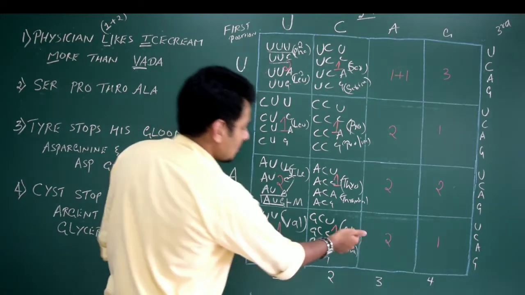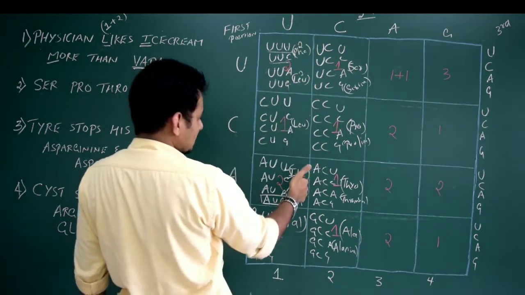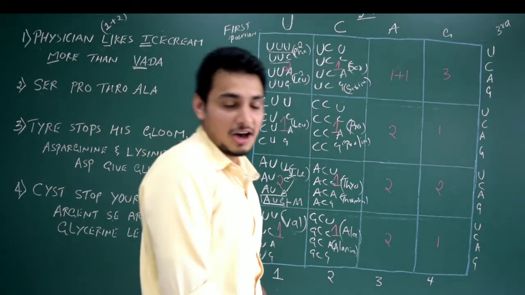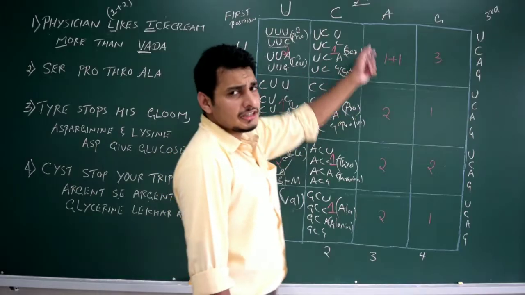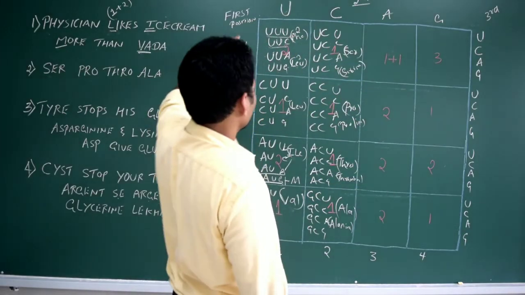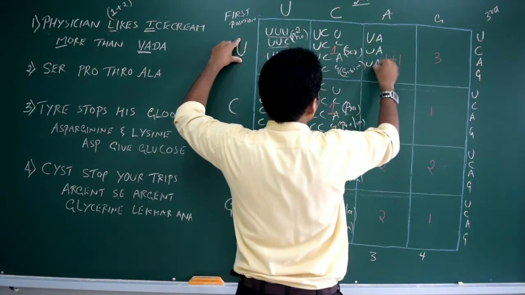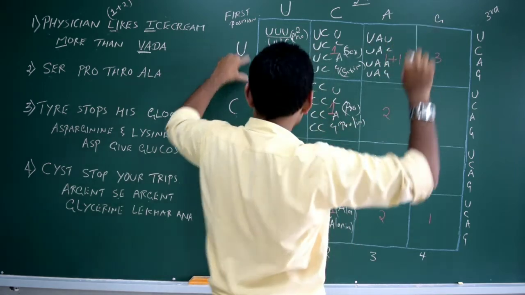How many amino acids? 1, 2, 3, 4, 5, 6, 7, 8, 9. We have already learnt 9 amino acids. Simple. How many amino acids are remaining now? 11. Correct. Go to the third line. UC, got it? Okay.